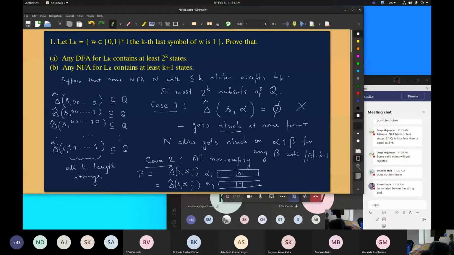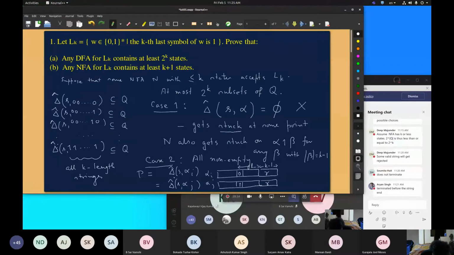And if this length is L, I append any string gamma whose length is k minus L. So if I append any string of length k minus L, this should be rejected because the kth last symbol is 0. This should be accepted because the kth last symbol is 1.